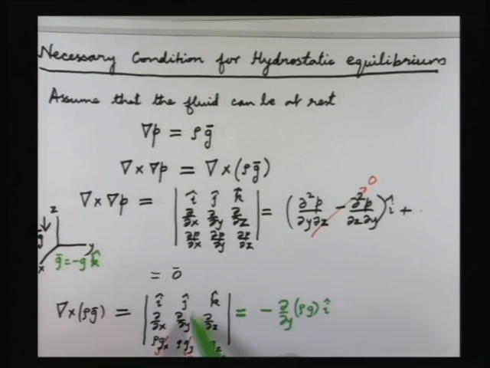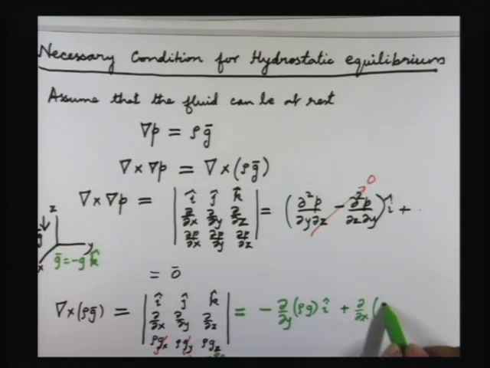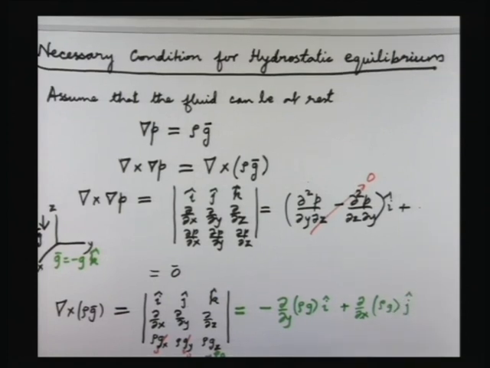And then if you look at the k component, that is 0 because both of these are 0. And if you look at the j component, you're going to have this subdeterminant, so plus del x of rho g j.